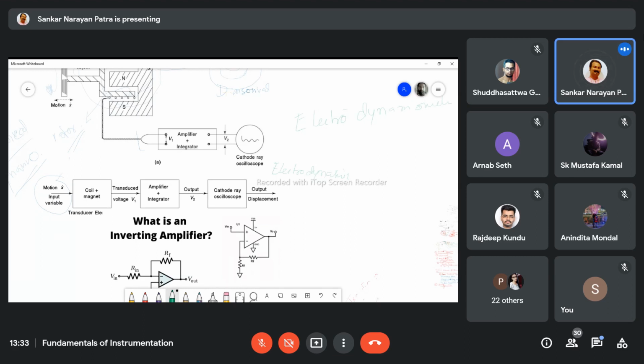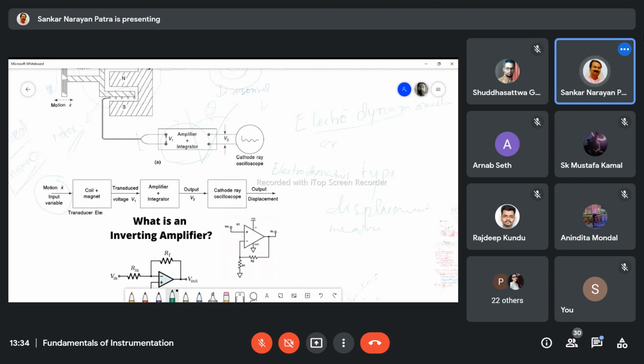Now come to the point. We have explained this electrodynamic type displacement measurement. Earlier I said electrodynamometer or electrodynamic type displacement measurement. The simple structure is that suppose a wheel is moving through a particular angle theta. This is angular displacement from this position with velocity v.